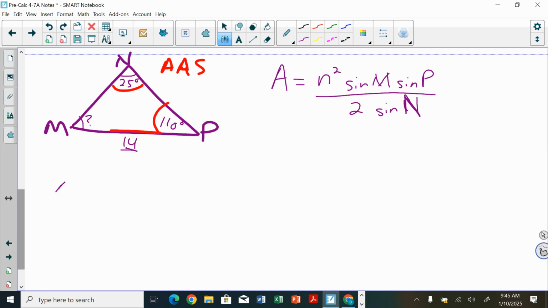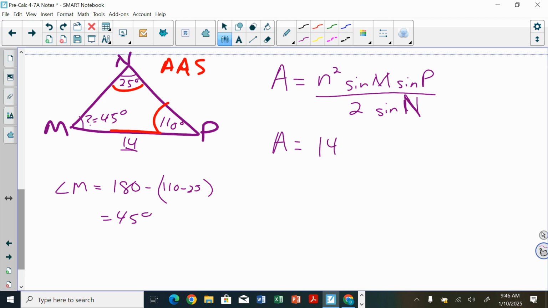Okay? Because I can find angle M really easy by saying 180 degrees minus the other two, and we figure out that it's 45 degrees here. Now I can plug in all the things I know.